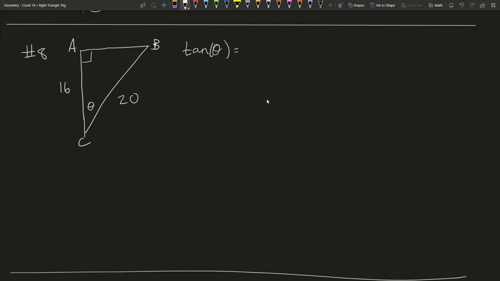The first thing I want to do is label what we have. Because this angle A is the right angle, we know that this side must be the hypotenuse. So 20 is the hypotenuse.